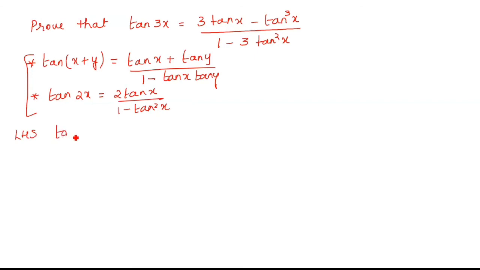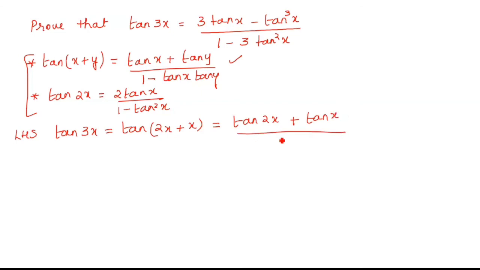Left hand side is tan 3x, and I can write this as tan of 2x plus x. Okay, so now look at this formula of tan of x plus y. So therefore this will become tan 2x plus tan x, whole divided by 1 minus tan 2x into tan x.